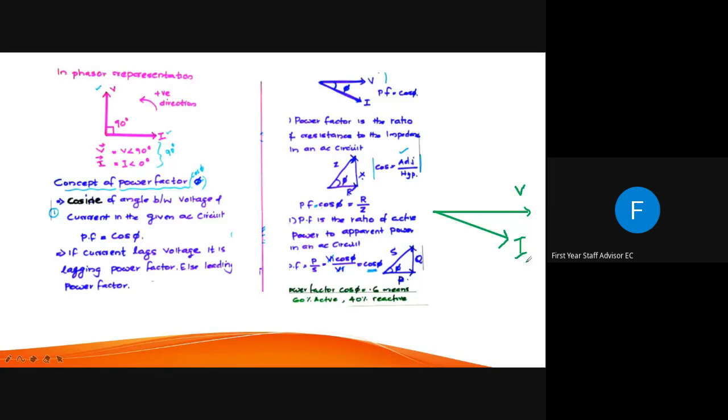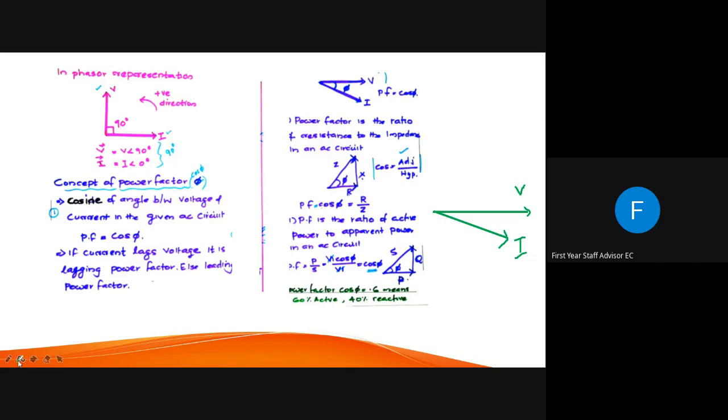It will cause a lot of losses for the power supplying industry and also the industry where we have taken the connection. So it is preferred that the voltage and current should be in phase.